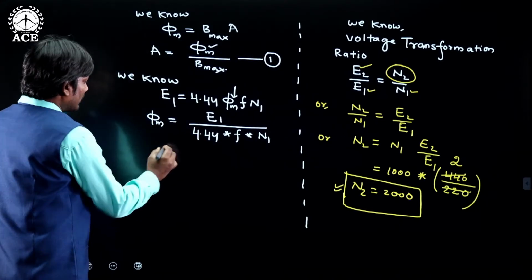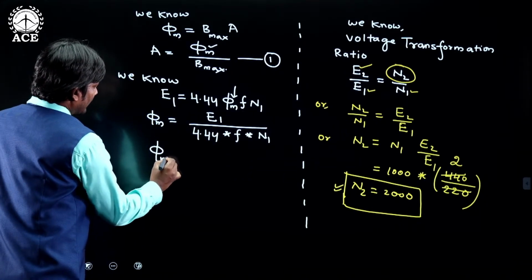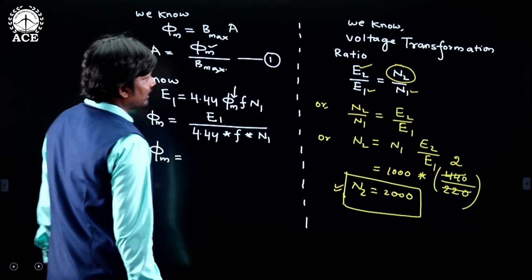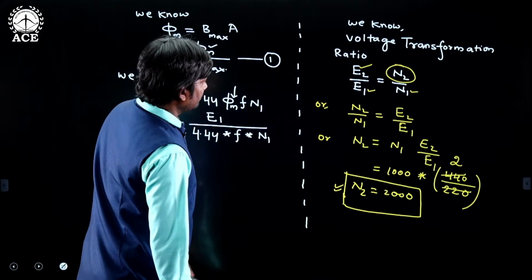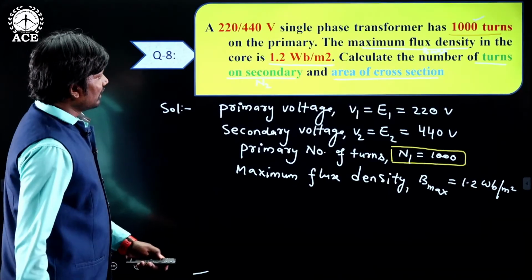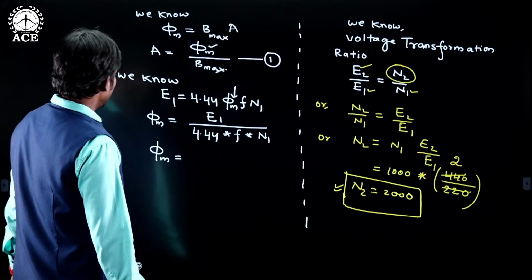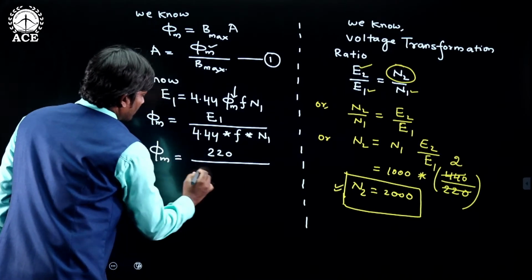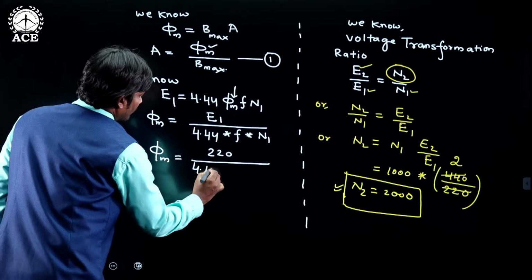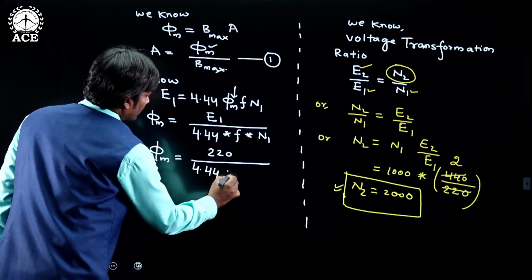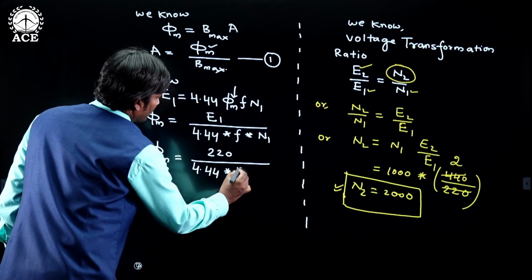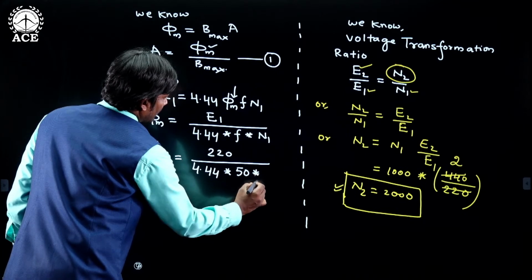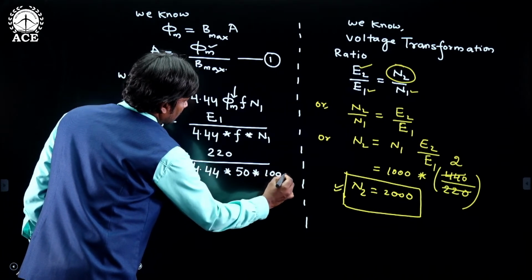Now substitute all the values. This phi m is equal to E1, which is 220, by 4.44 into f, 50, into N1, 1000.